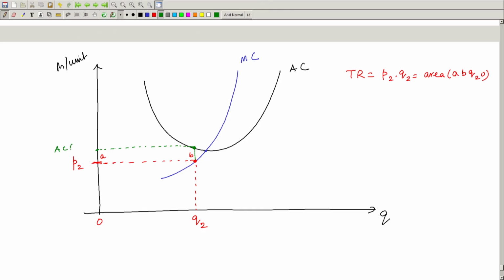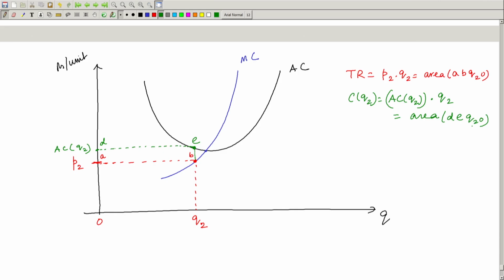So, this is the average cost of producing each of these units. So, the total cost of producing Q2 units is the average cost of producing Q2 units multiplied by Q2, which is nothing but the area of D, E, Q2, 0.